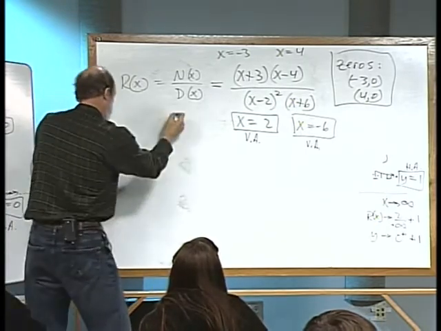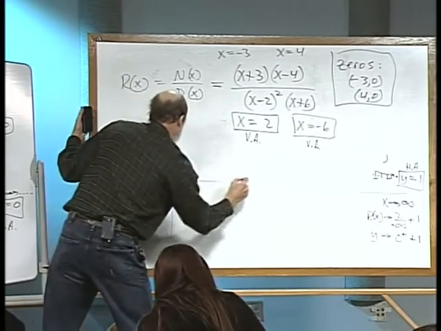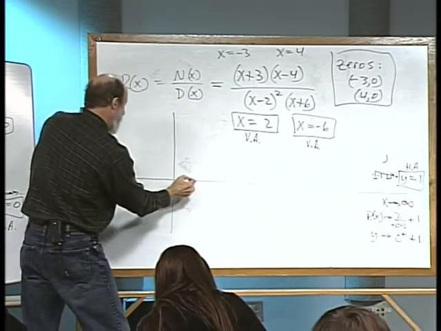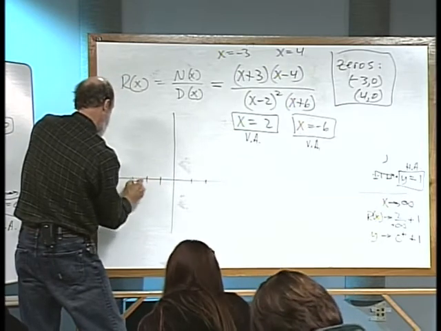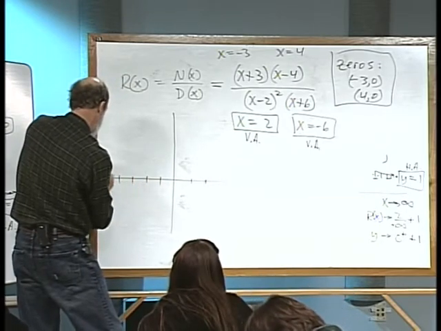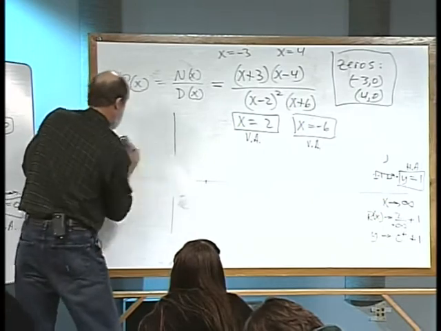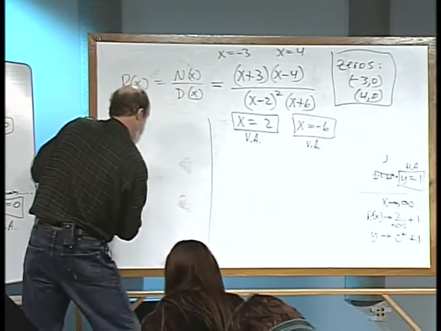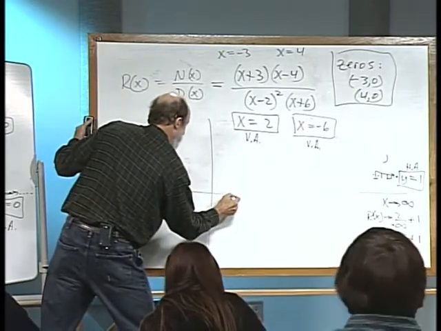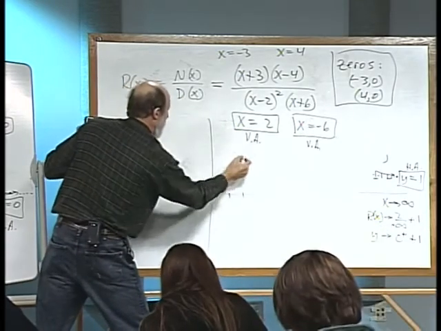Okay, so here we go. At 2, we're going to have a vertical asymptote.